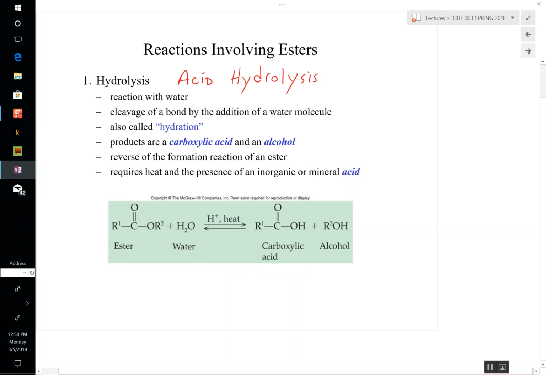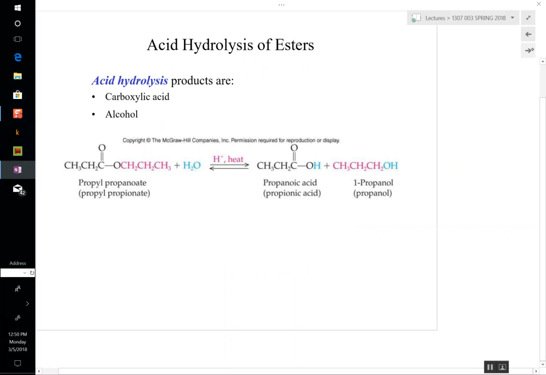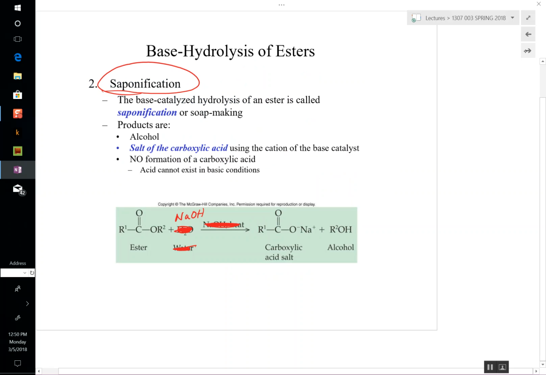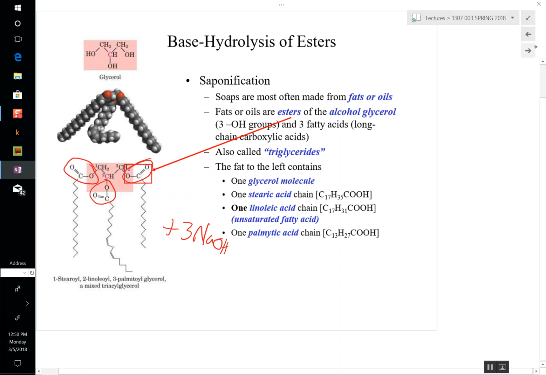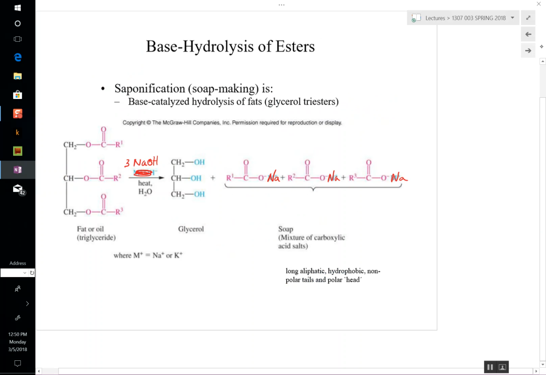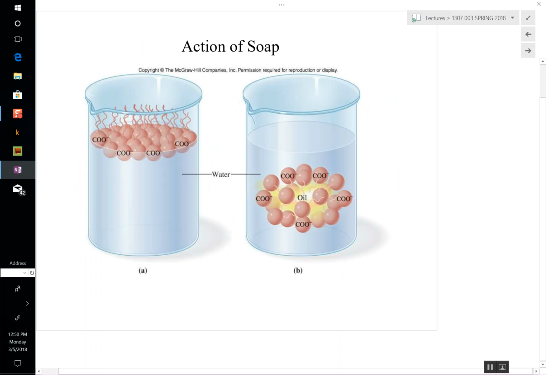All right, these are the reactions that we went through. Acid hydrolysis, saponification. Saponification of a triglyceride, making soap. Did I talk about how the soap molecules function as soap molecules? Yeah, they emulsify.